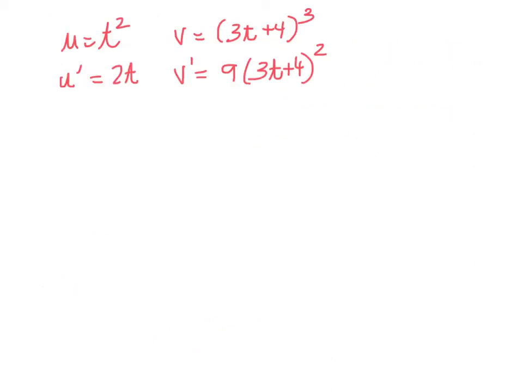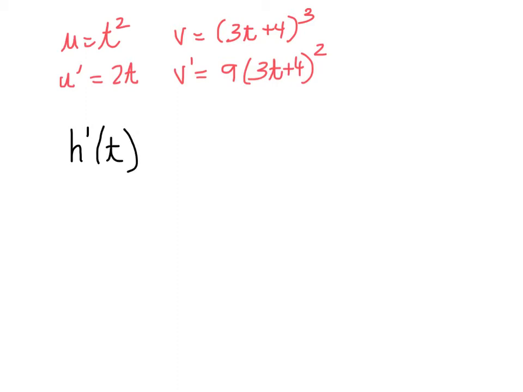As you can see, I've rewritten our setup for this problem. Again, u is t squared, u prime is 2t, v is 3t plus 4 raised to the third power, v prime is 9 times 3t plus 4 raised to the second power. So here's how you write that final derivative, which is what we're looking for. We're looking for h prime of t, the derivative of h.